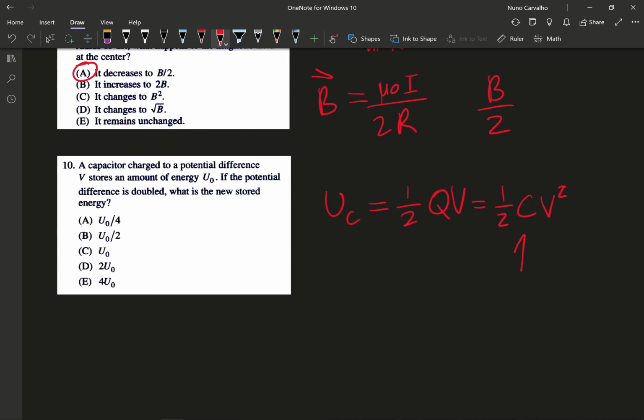And we know that the capacitance of a capacitor will stay the same as long as the structure of the capacitor does not change, which it does not seem like it is. So doubling the voltage will mean that we're actually going to be multiplying it by 4 right here. And so that means that our new potential energy will be 4 times the original potential energy. And so the answer is E.